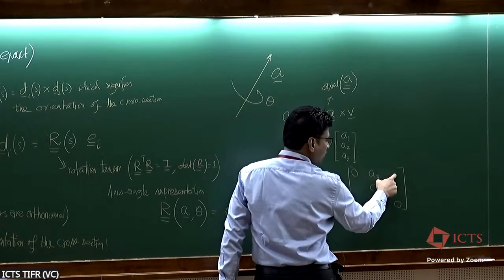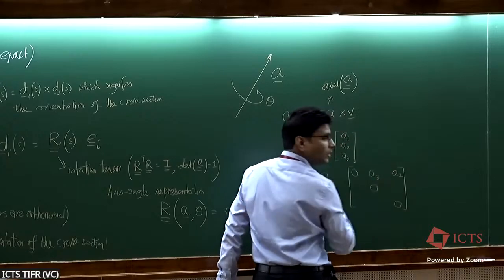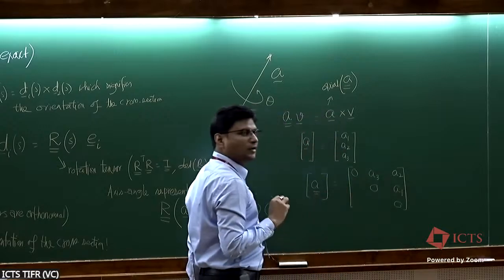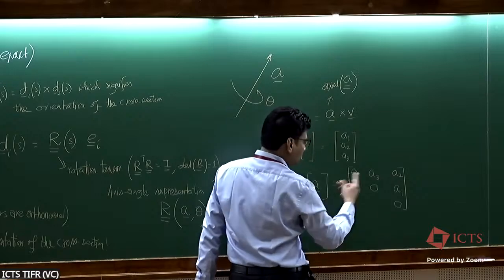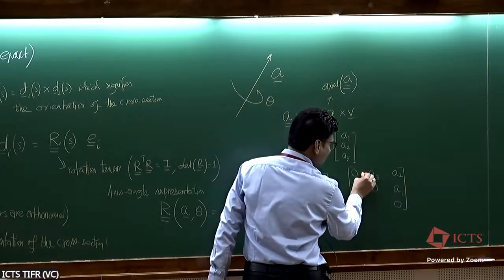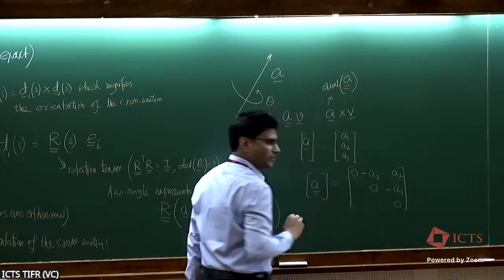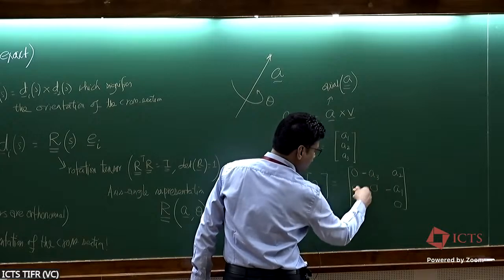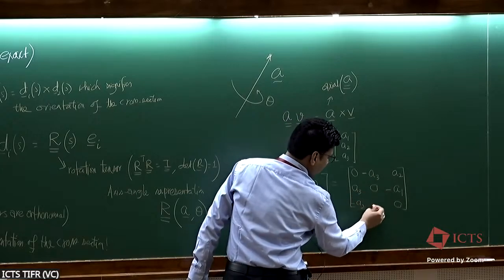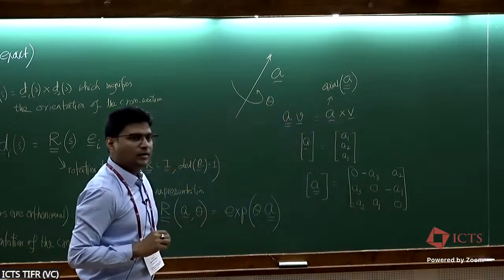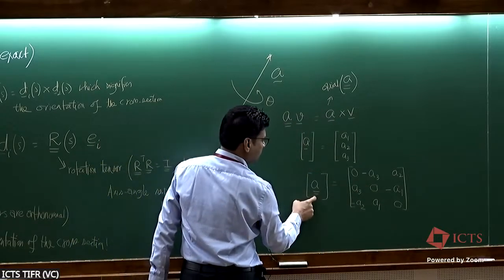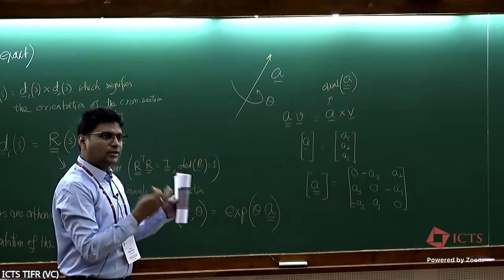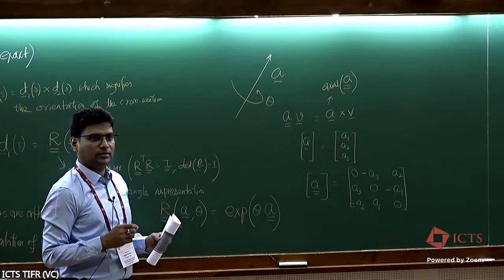This is 1, 3 component, so 2 is missing, it gets A2. This is 2, 3, so it gets A1. Then you have to put a minus here and also a minus over here. And then of course, because it's skew symmetric, you form it accordingly. So this is how you form the skew symmetric matrix from the axis vector. And that's going to come here and take the exponential, you'll get the rotation tensor.